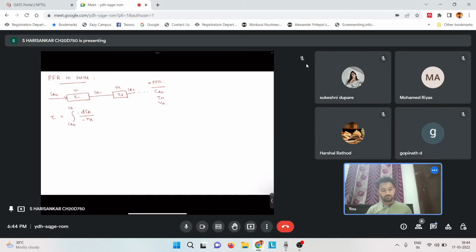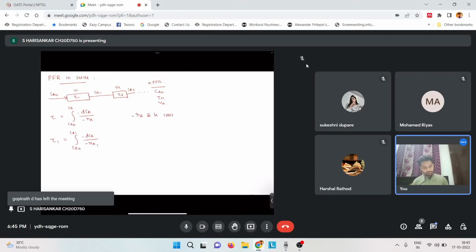If you write the design equation for the first PFR, tau 1 will be the integral from CA0 to CA1 of minus dCA by minus RA, or you can even write it as RA1, up to you. We'll take the assumption that the reaction happens at the same temperature, so minus Ra and K are constant.